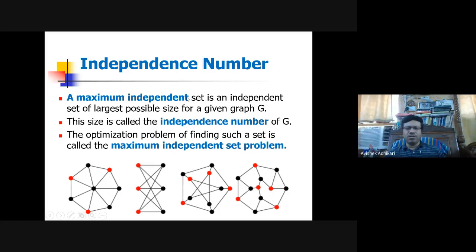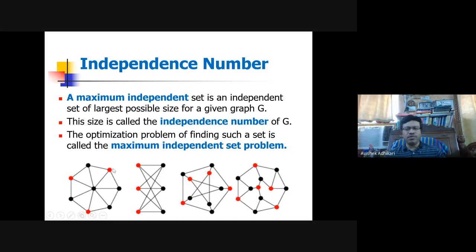The size means the number of vertices within that independent set, and the size of the maximum independent set is called the independence number. Can you very quickly find the independence number of this graph?